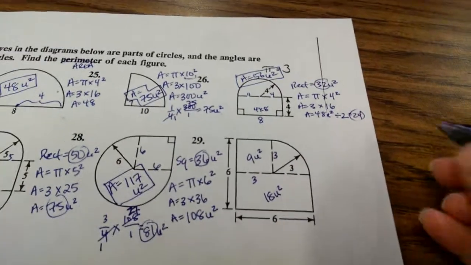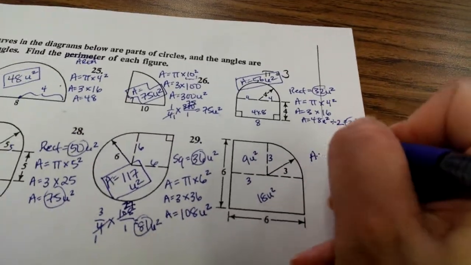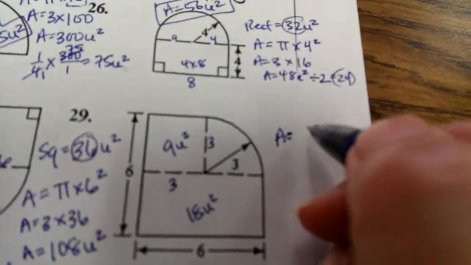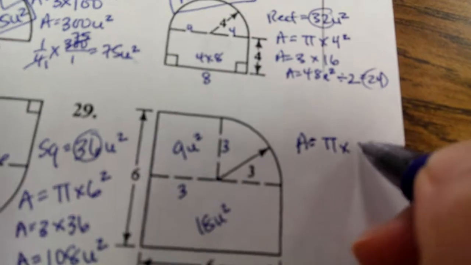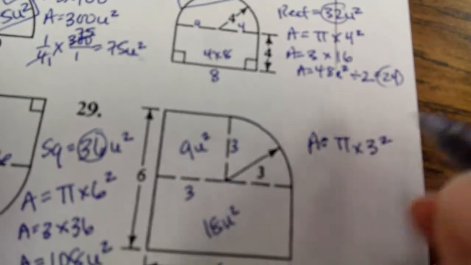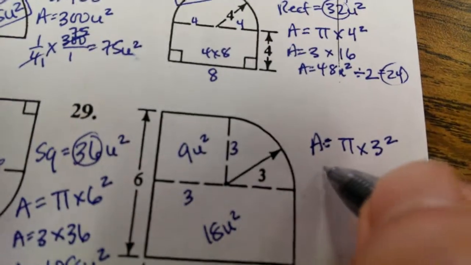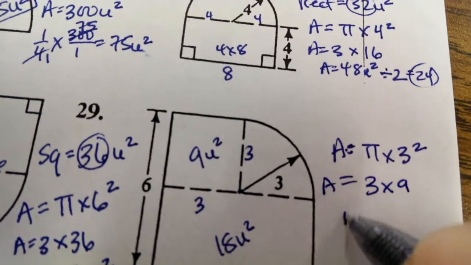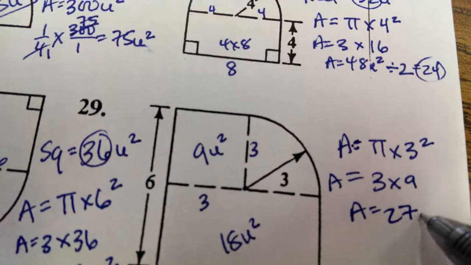And then the area of the entire circle is pi, sorry, the paper keeps moving here, pi times the radius squared. That equals 3 times 9, which equals 27 units squared.